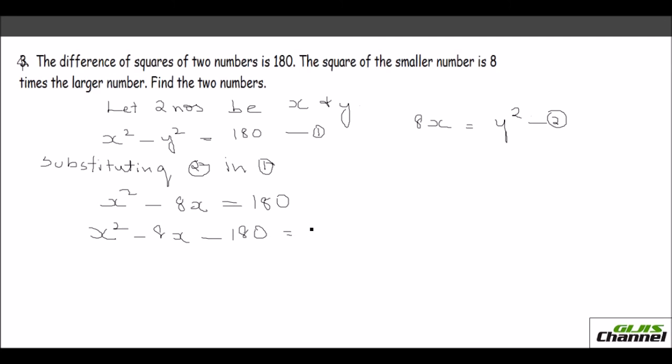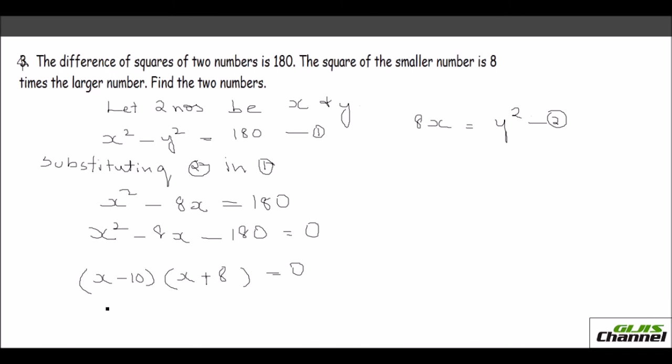Now you know how to solve it. Just find the factors. So this would be 10 and 8. I split the x like this, and for this I would take minus 10 plus 8. So that gives minus 8 when added, and when multiplied you get minus 180.